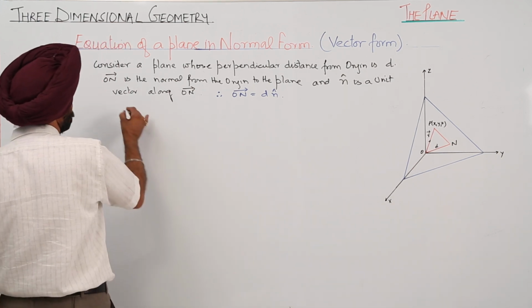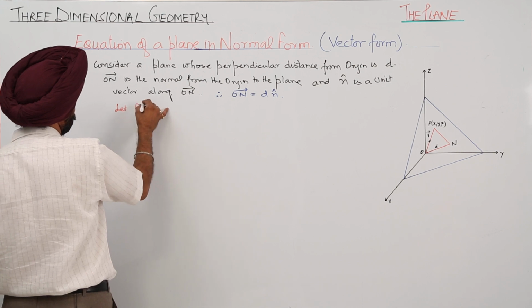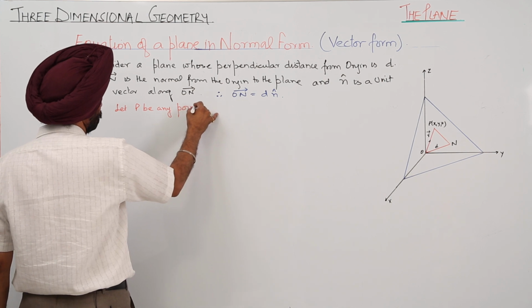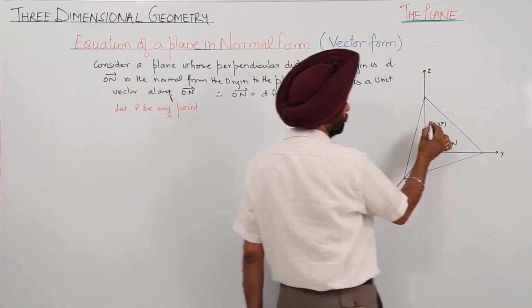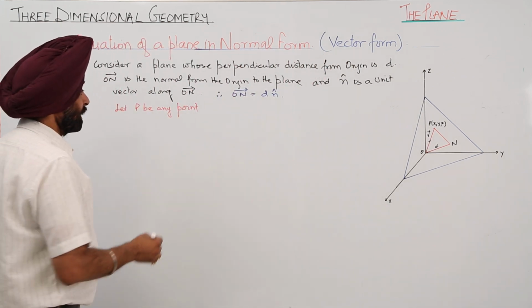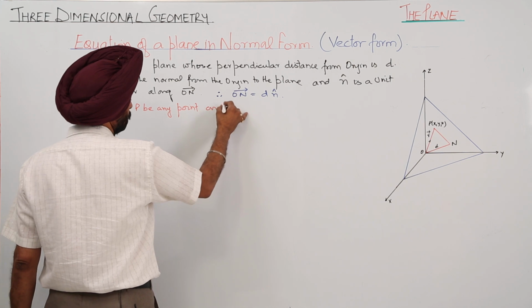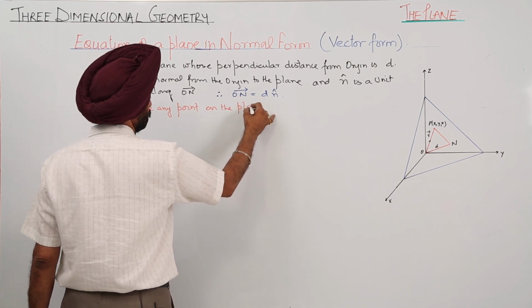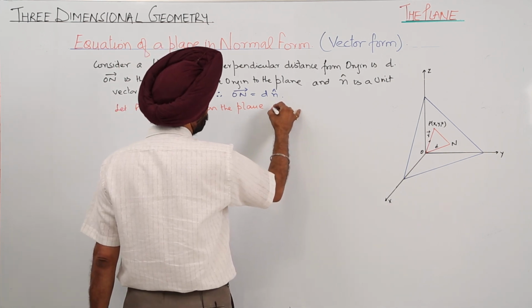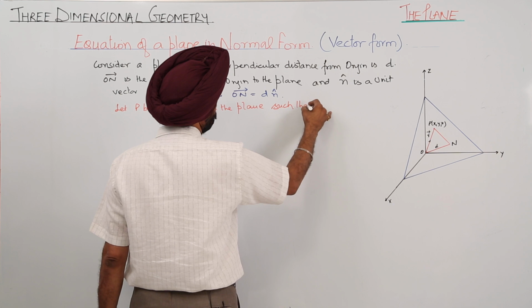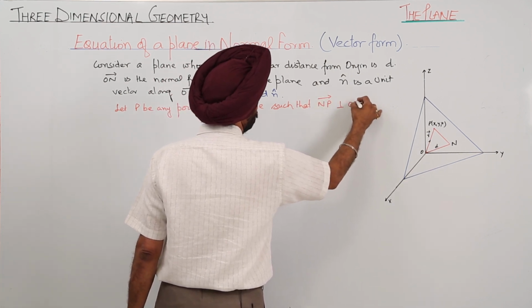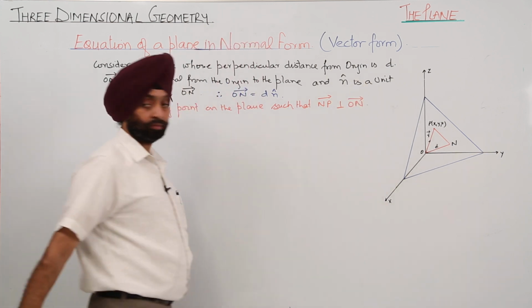Now let P be any point. Now I have drawn here P. This point is P. Now let P be any point on the plane such that vector NP is perpendicular to vector ON.